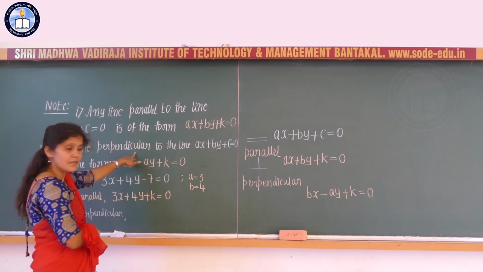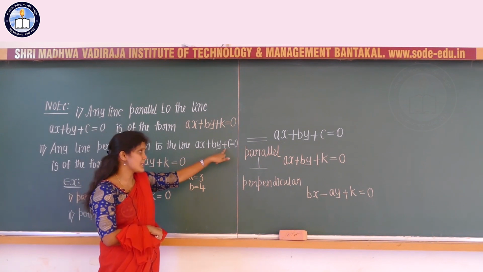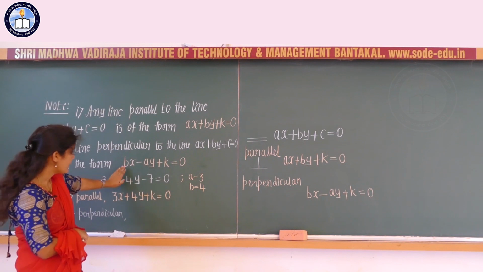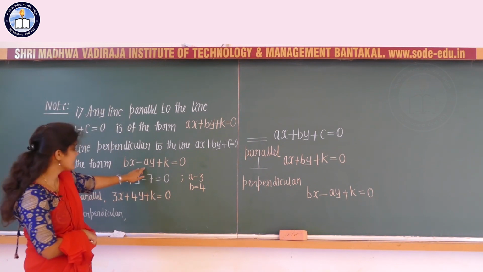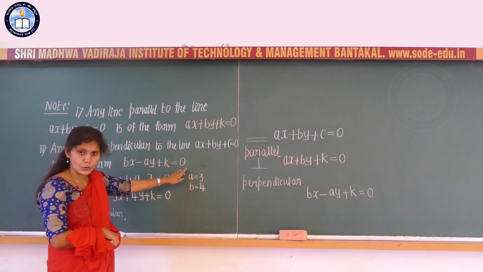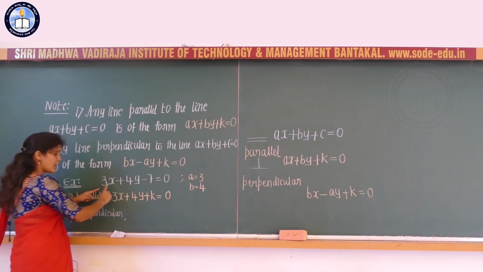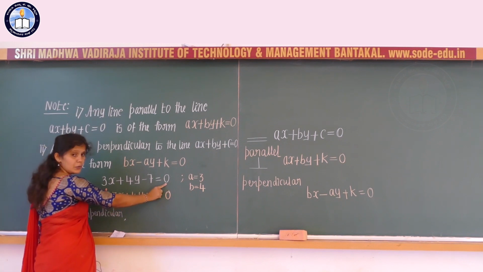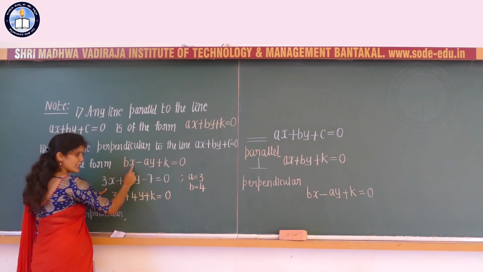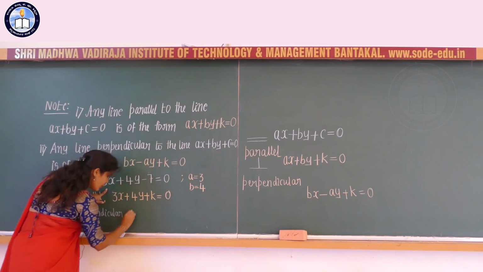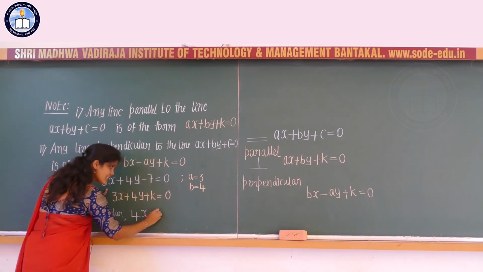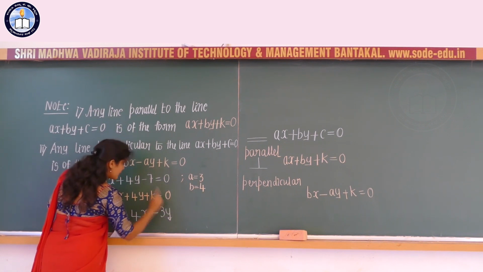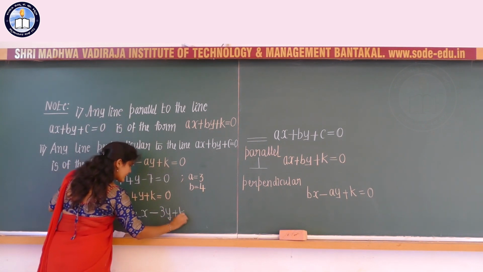Any line which is perpendicular to ax plus by plus c equal to 0 is given by b into x minus a into y plus k equal to 0. So the line which is perpendicular to 3x plus 4y minus 7 equal to 0 takes which form? b into x, what is the value of b? 4 into x minus a into y, the a value is 3, 3 into y, plus the constant k equal to 0.